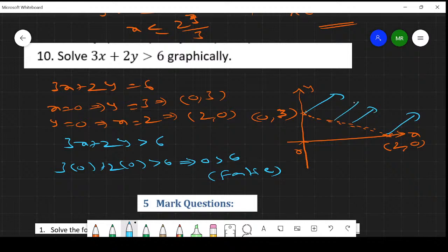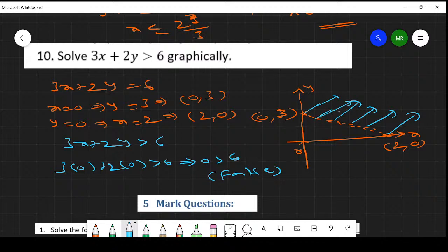This is the solution region. You can mark it like this. So the solution region is above the line. Above the line, the upper half, will be the solution region. I hope you understood this, right?